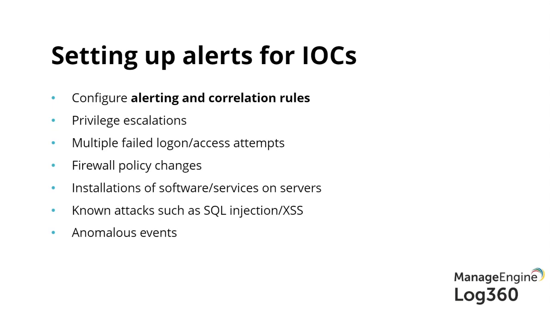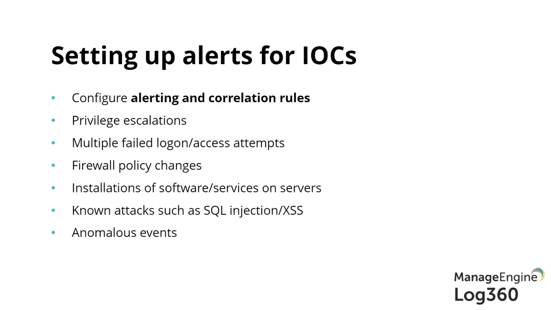Like privilege escalations, the example that we saw, or multiple failed logons or access attempts, right? What if you suddenly have 20 failed logons on one of your servers, right? That could be an indicator of compromise, that maybe something suspicious is up. So you need to set up alerts for situations like these.